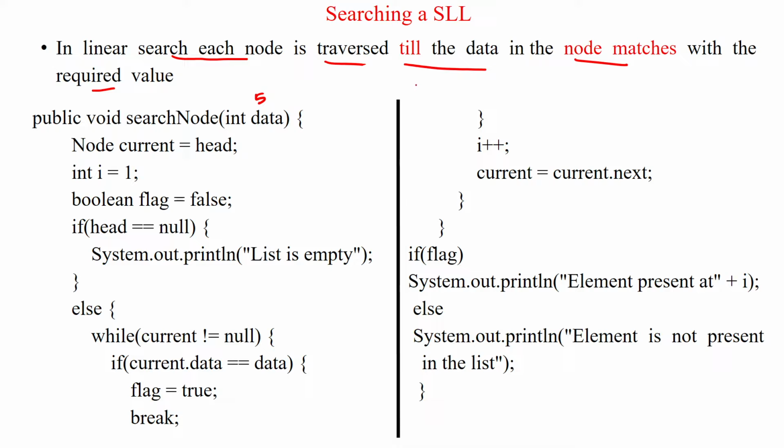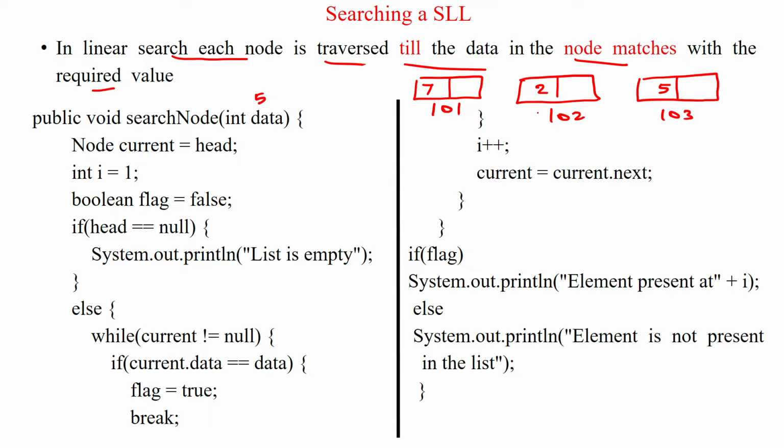For example, I have a list like this. Here the first node has 7, then another node has 2, then the third node has 5. The memory locations of each one are 101, 102, and this is 103.